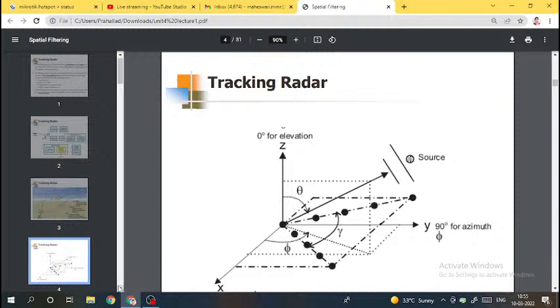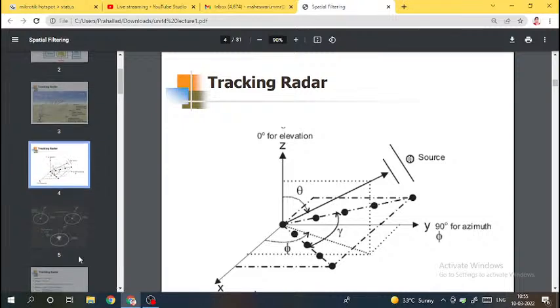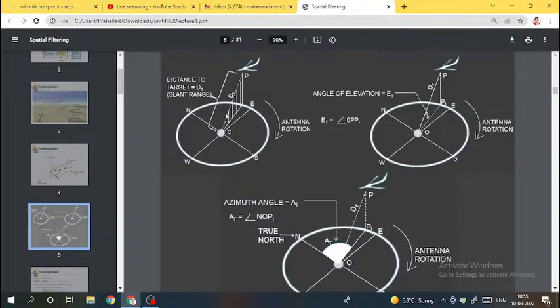There is also another representation of the same thing. Look here. This is north, south, east, west, this is your target, and this is your radar position. This line is your actual range. Now what is your elevation angle according to it? Look at this figure: this angle becomes the elevation angle.